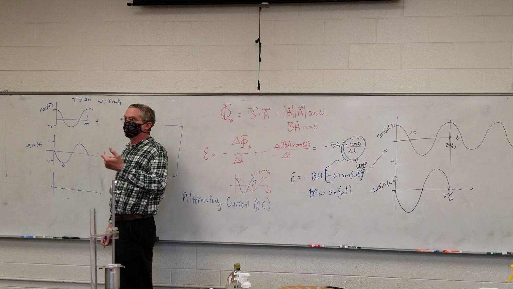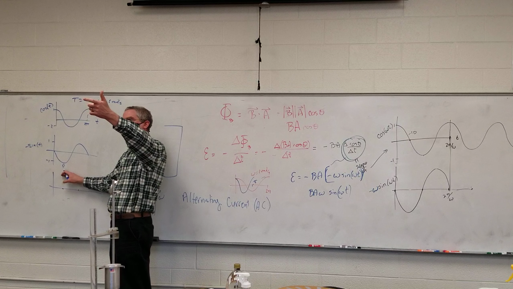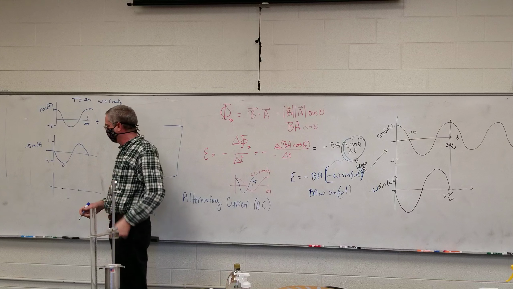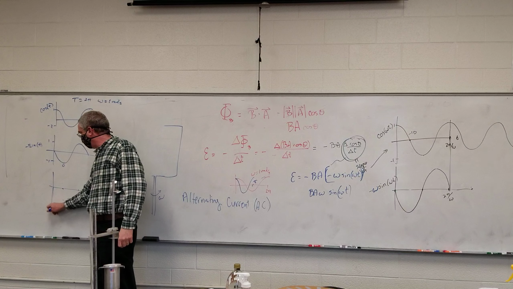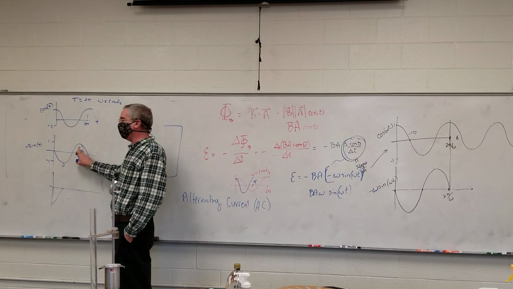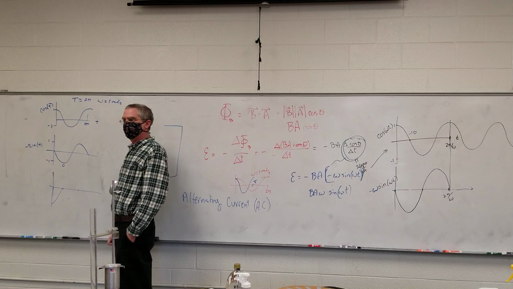I think Zach hit on it. What can you tell me about the slope of this first segment? It's getting less negative. Okay. It was negative and then it's moving towards 0. So it starts out at some negative value and becomes less negative. In this region from here to here, what can you tell me about the slope? We're increasing for a while.